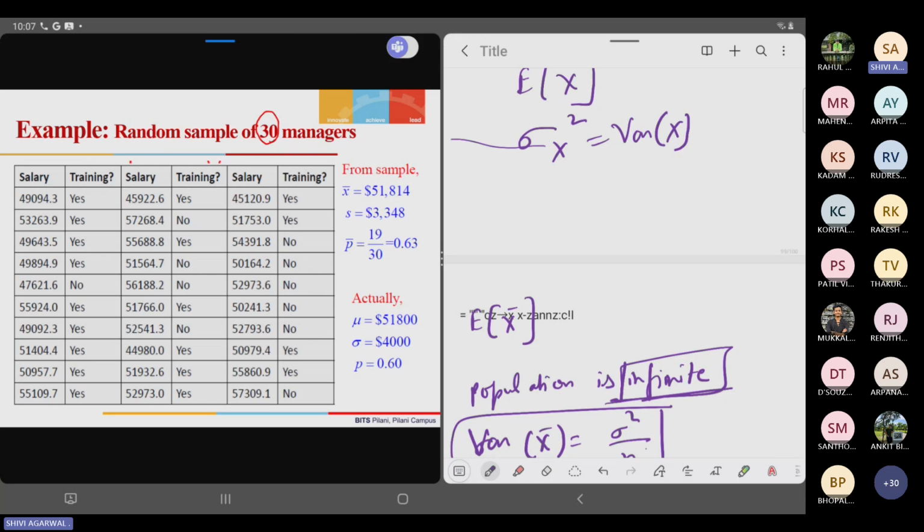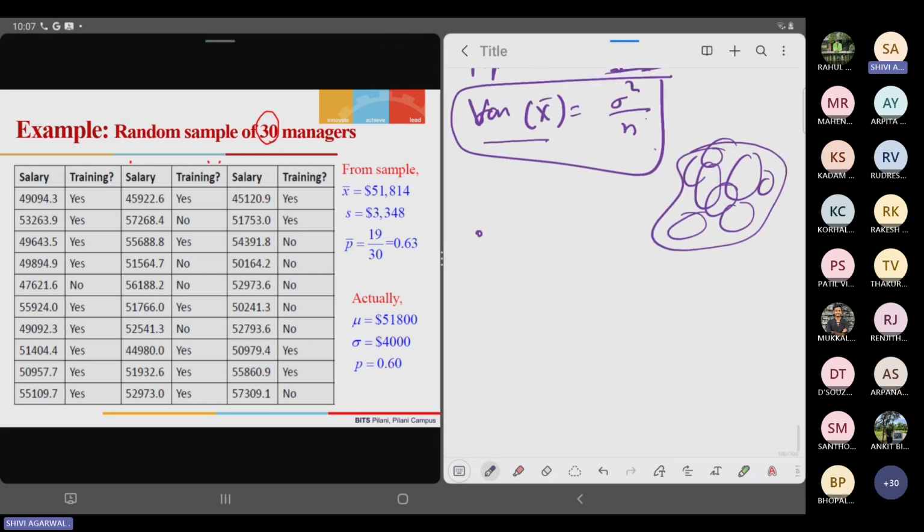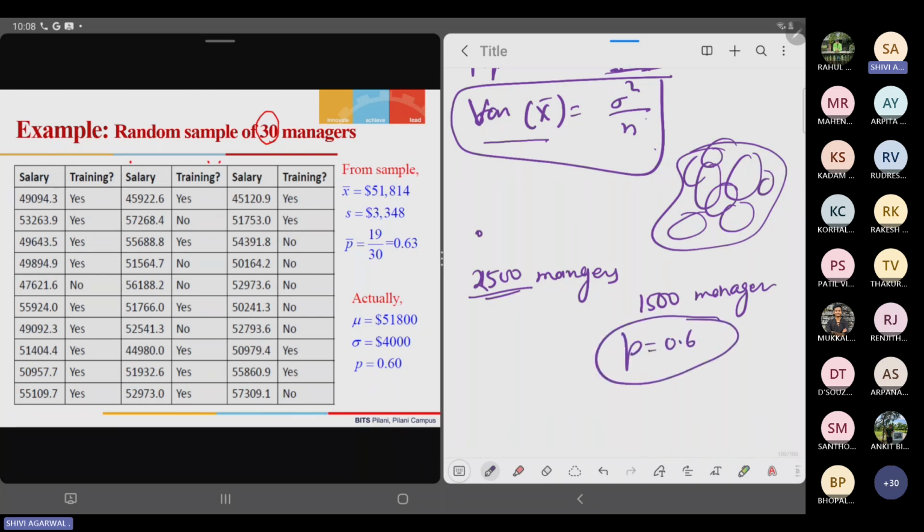So we have 2,500 managers, and we found that 1,500 managers completed their training. So P is equal to 0.6, the probability of success is 0.6 here. Now we are collecting 30 managers. This is the population, but small n is equal to 30.